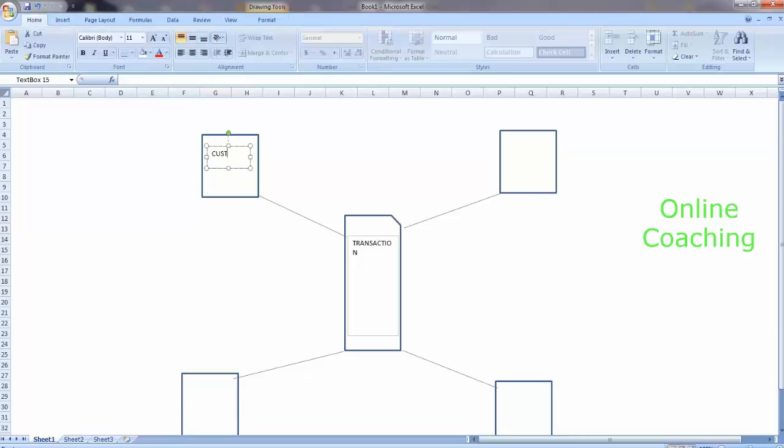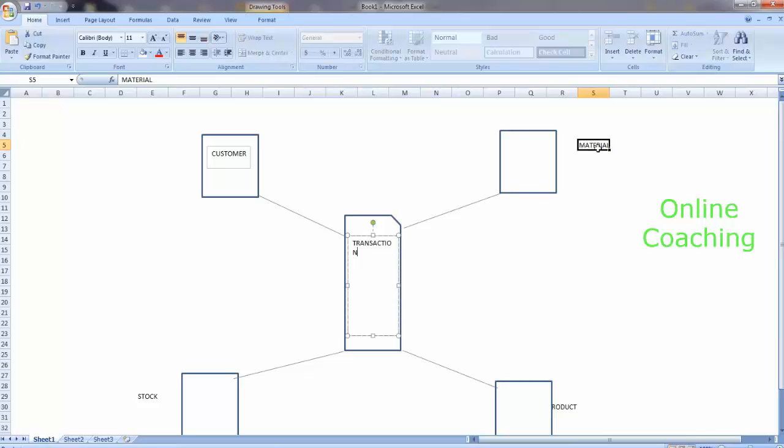This is customer data and this would be master data. Let's say this is going to be material data. This is going to be product data. This is going to be something like stock. I have only transaction data.